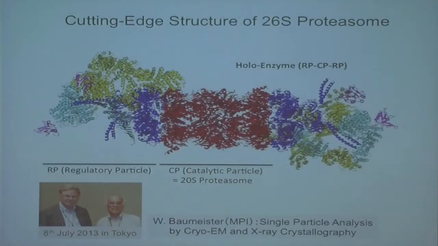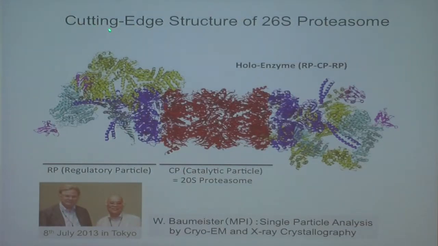After then, we collaborated for over 20 years with Dr. Wolfgang Baumeister at the Max Planck Institute. This is the current cutting-edge structure of the 26S proteasome, from single molecule analysis by cryo-EM and X-ray crystallography.